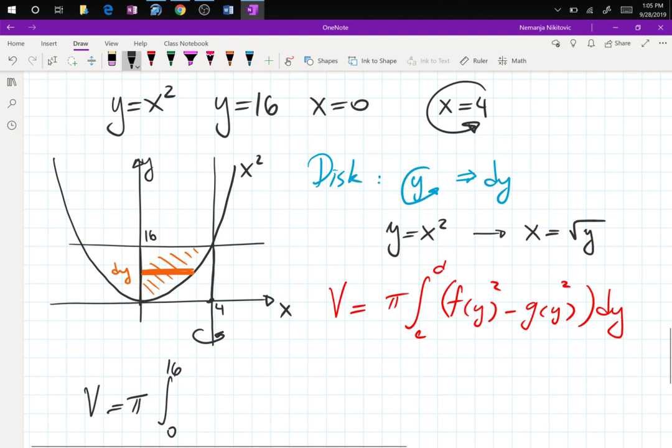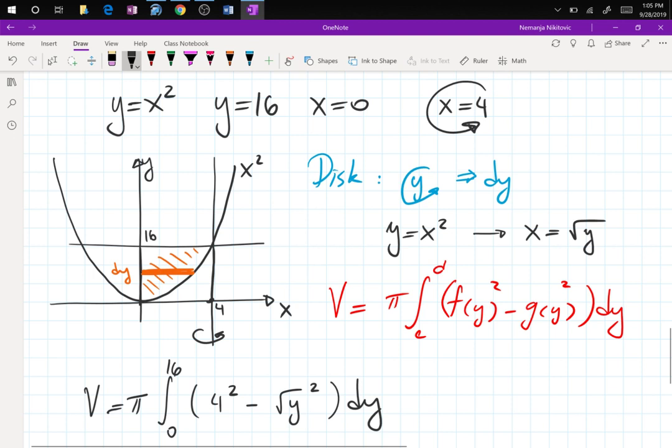And then the one that is further away is going to be x equals 0, but because it's 4 units away to the left, I believe this has to be 4 squared, minus the square root of y squared dy.